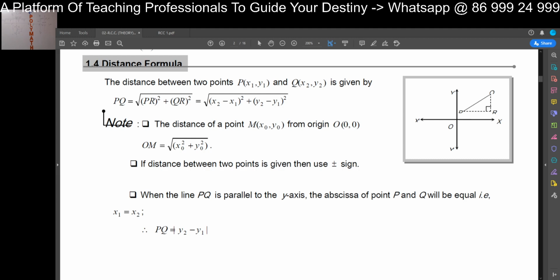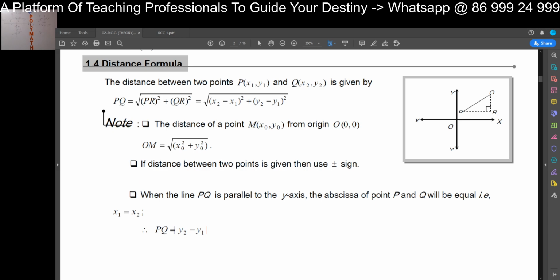If you take these points, this PQ distance we need, and you must also understand PR is nothing but x2 minus x1, and QR is nothing but y2 minus y1. Applying the Pythagoras theorem, the square of the hypotenuse is equal to the sum of the squares of the other two sides, which gives you this formula.